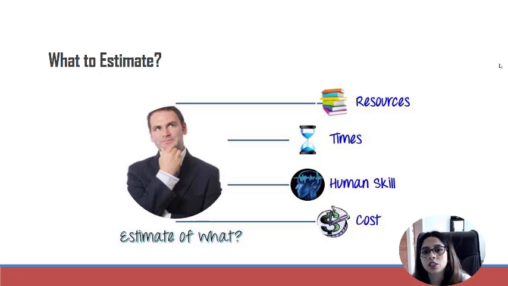So let's say your team is equipped with only manual testing. Then you need to hire or outsource human skills who are good or who have knowledge on automation. So let's say you have skill sets who are equipped with only Selenium, but you need to use some other automation tool like QTP or Cypress.